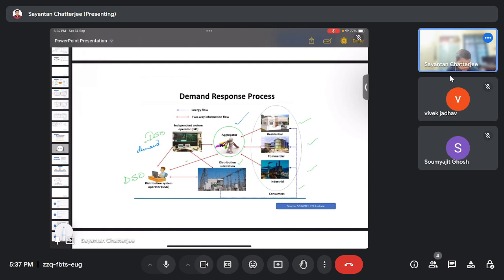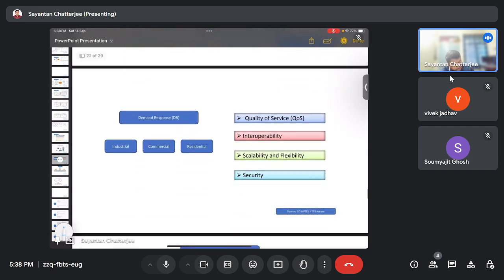With the information of the interested customers in place, they would optimize the total demand, and post optimization, the updated demand is fed to the ISO again, because people have agreed to participate in the demand response. So that's the procedure.